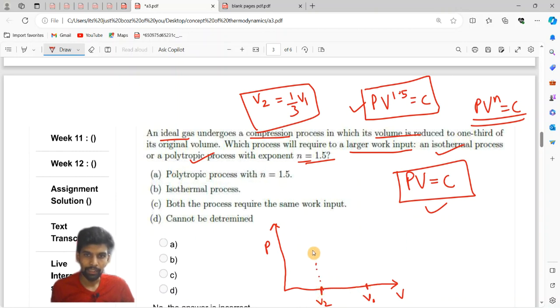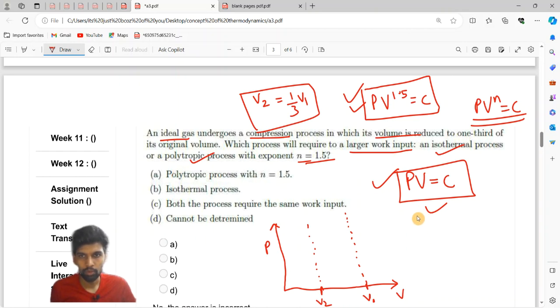Between these vertical lines, we can plot the equation for this process and also for this process, and then we can judge by calculating the area under the PV plot projected on the volume axis. Whichever plot has the maximum area under it will require larger work input. If you know something beforehand about these processes, it will be better. Otherwise, you have to start from first principles.